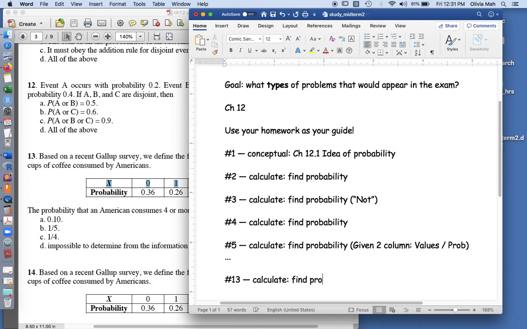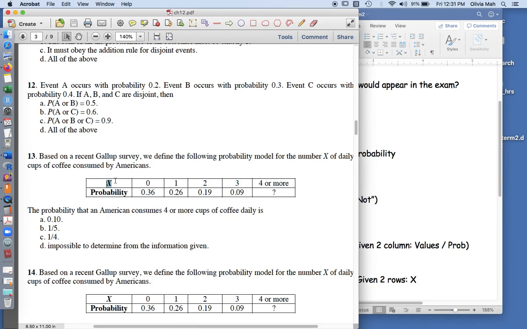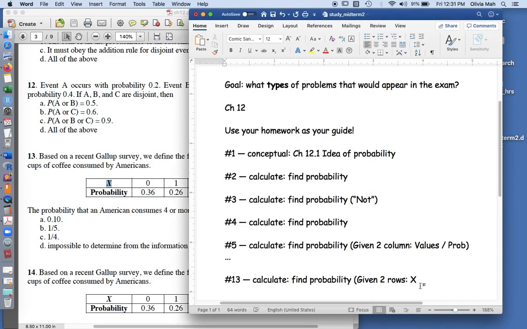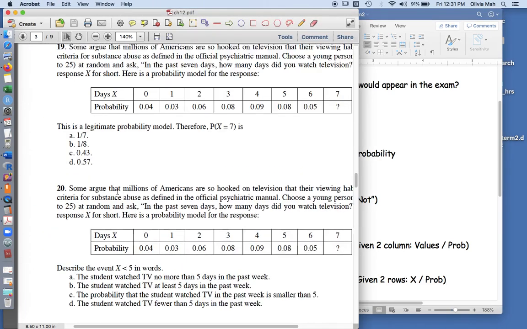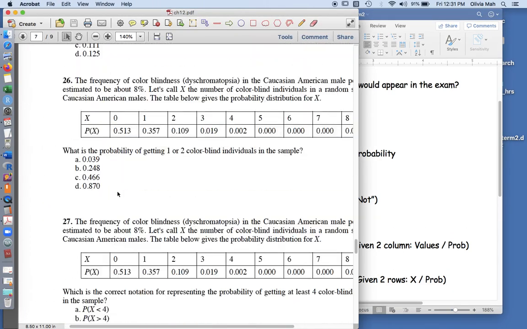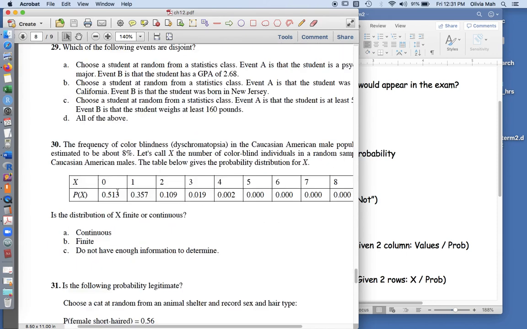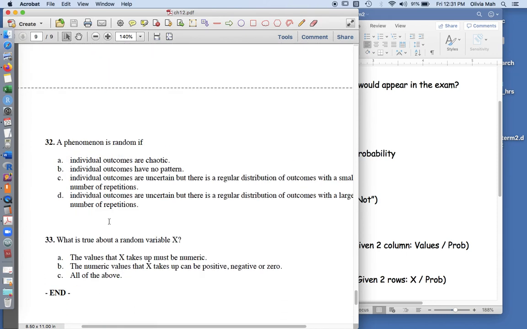Find probability, but this time you're given 2 rows. And you're given all these x values and the corresponding probabilities. Okay. So let's take another example, and I think you got the idea. Okay, that's the last one.